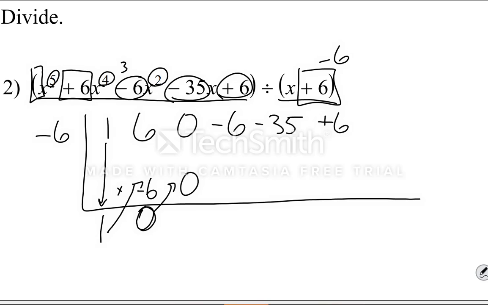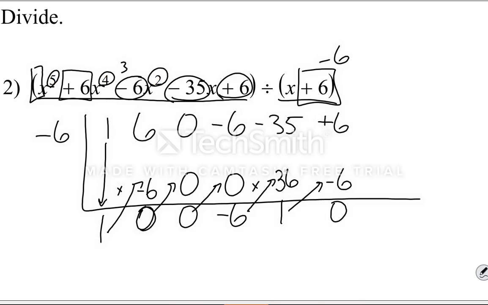I'm going to add. That's 0. I'm going to multiply. That's 0. Add negative 6. Multiply. That's 36. Add. That's 1. Multiply negative 6. When I add, I get 0.